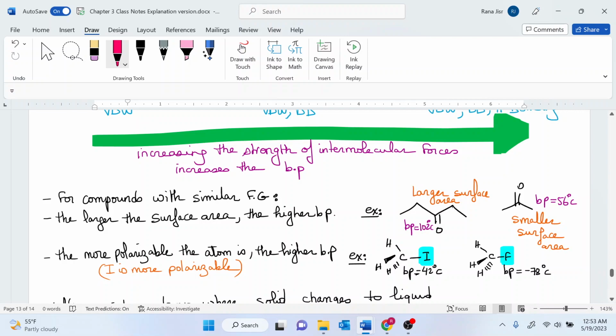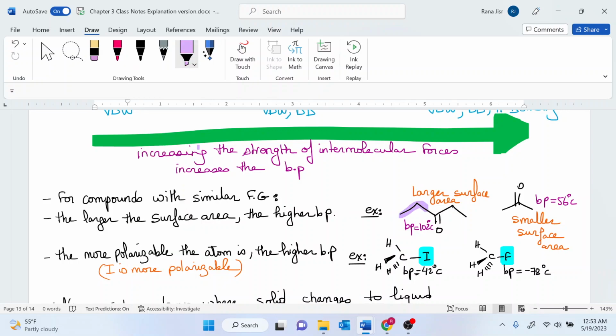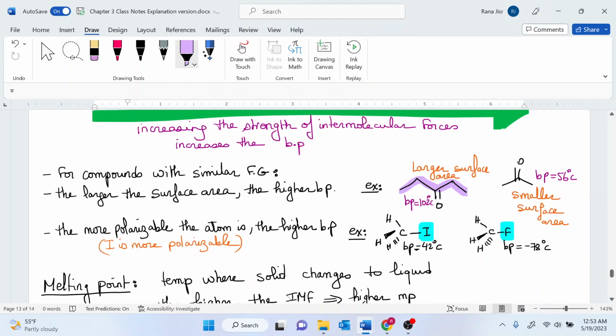For compounds that have a similar functional group, here I'm comparing two ketones, you have to look at the carbon chain. The more carbons in the chain, the larger the surface area. As the surface area increases, the interaction increases, so the boiling point is going to increase.